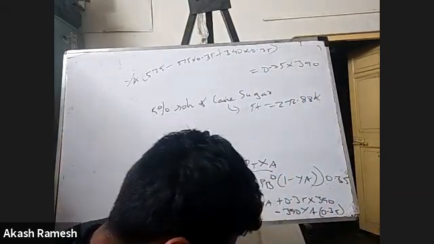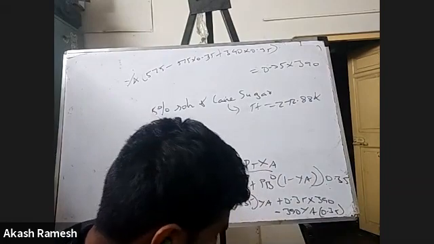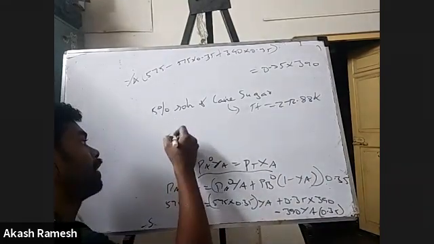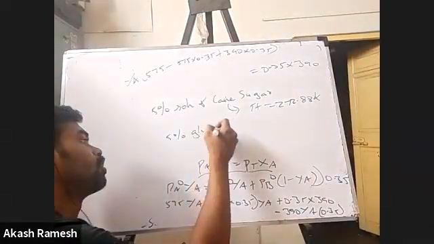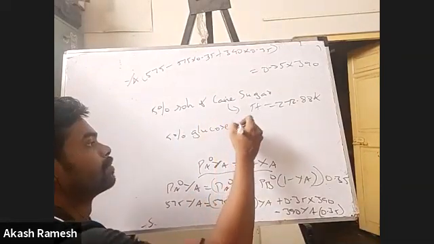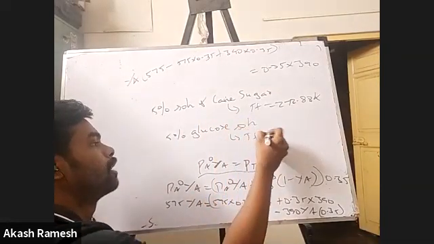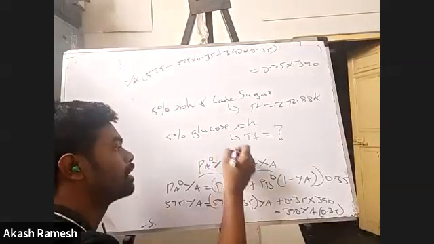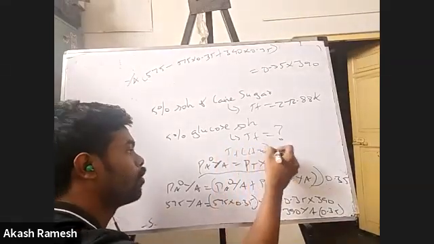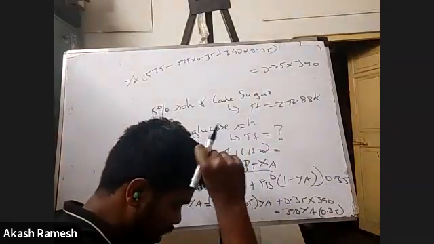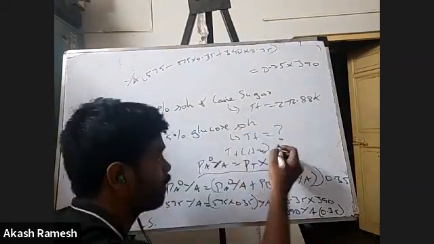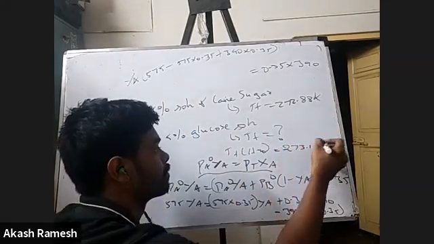Right. Now what they're asking is, if I have a 5% glucose solution, what will be the TF of this? And remember, the freezing point of water you need to take as 273.15 Kelvin.